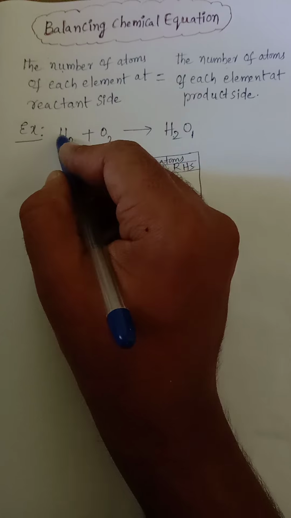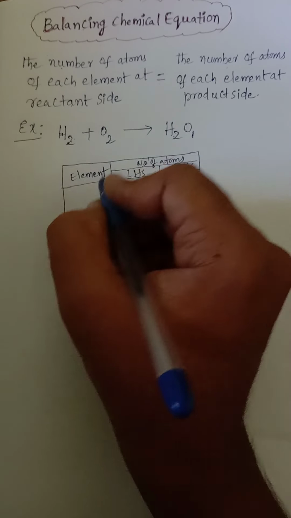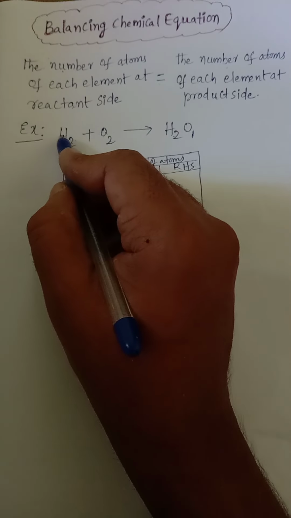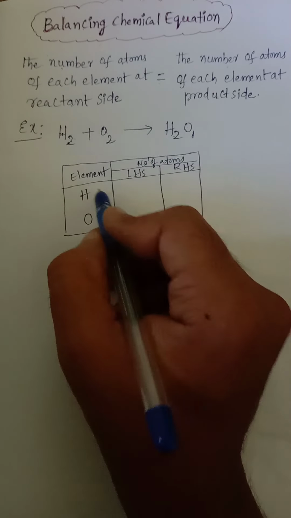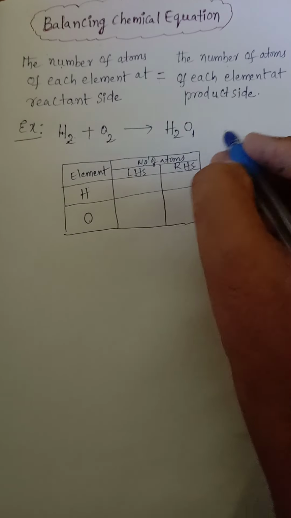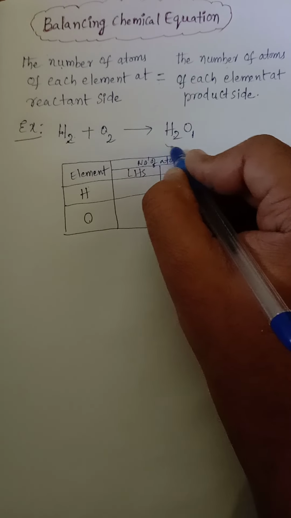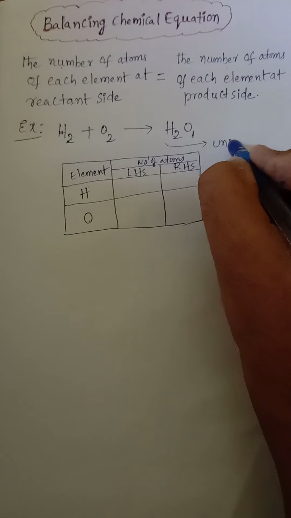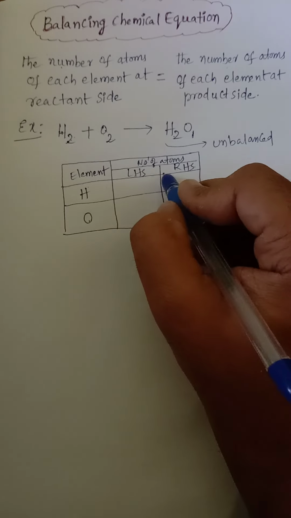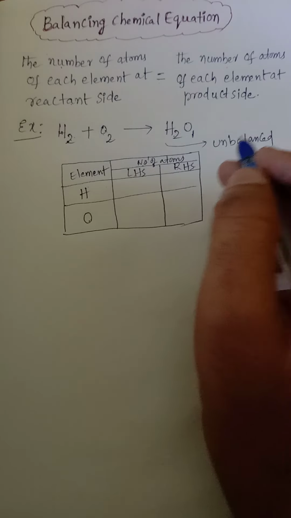How many elements are there? Hydrogen and oxygen, two elements. We have to write hydrogen and oxygen. This is the unbalanced table, and this is the unbalanced equation.